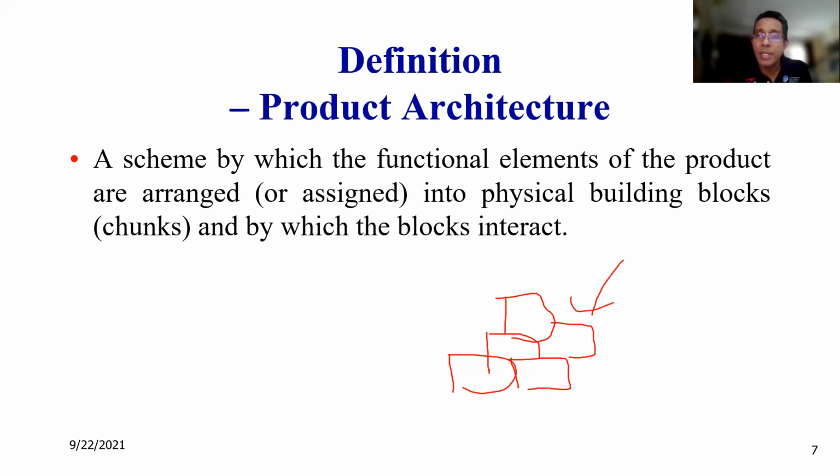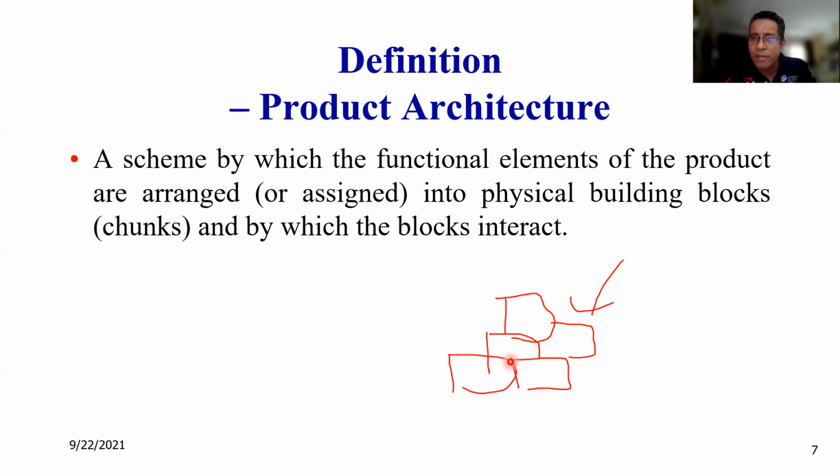All right. So each chunk is made up of a collection of components. They will give a product, one block of the product. The components that implement the function of the product, that is the product architecture.